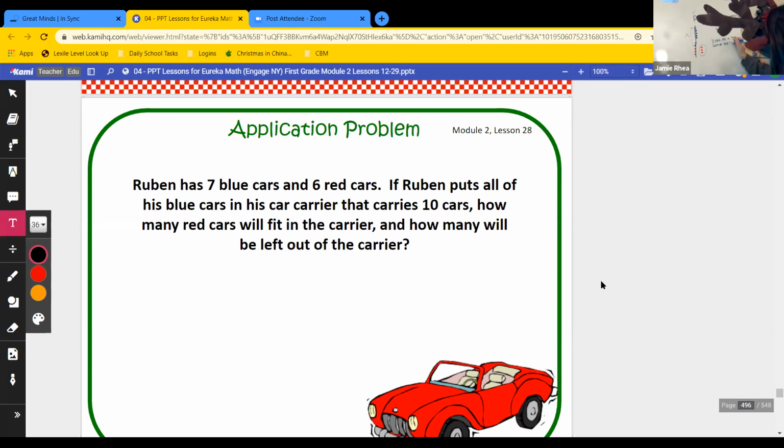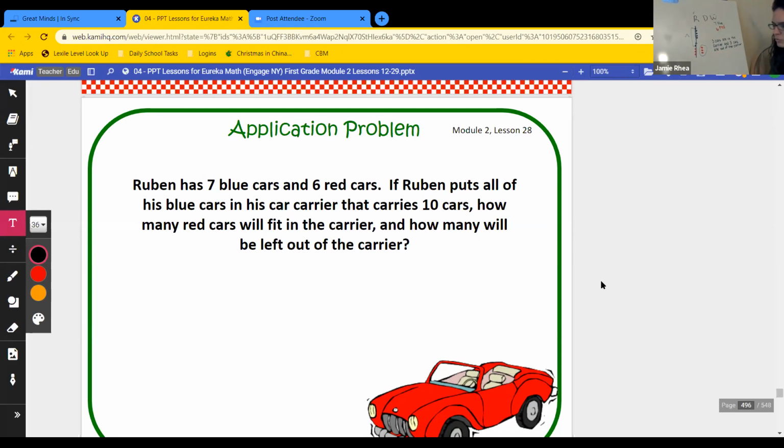And 3 cars are out of the carrier. All right. Now, do we have to write an addition or subtraction problem with that? No, we didn't, because we didn't need a total, did we? We just needed to know how many were inside and how many were outside.